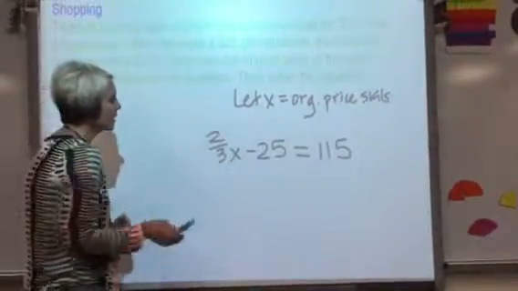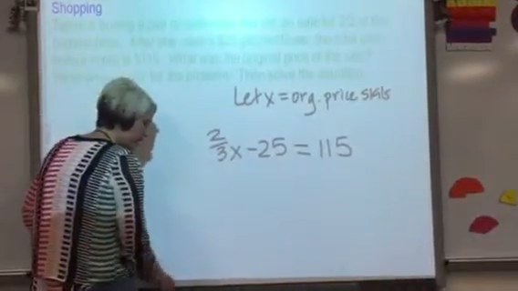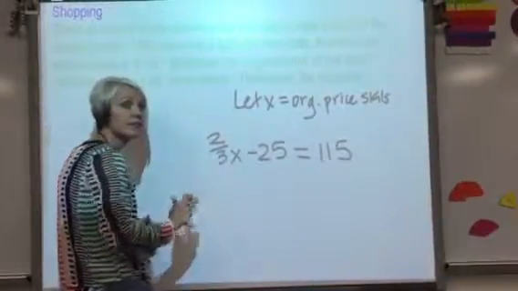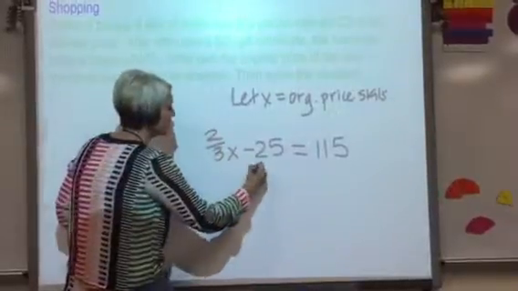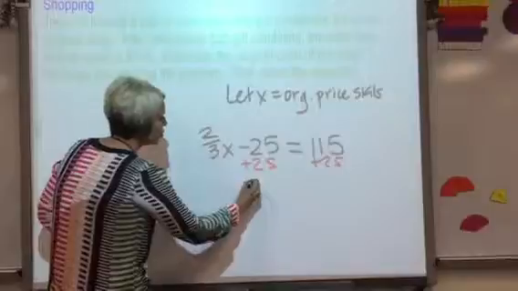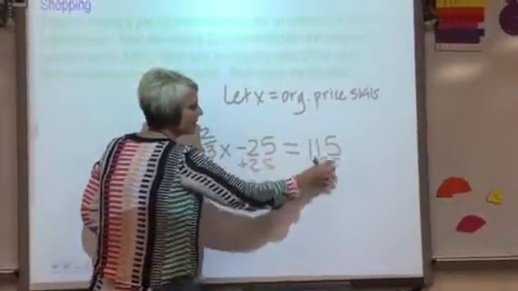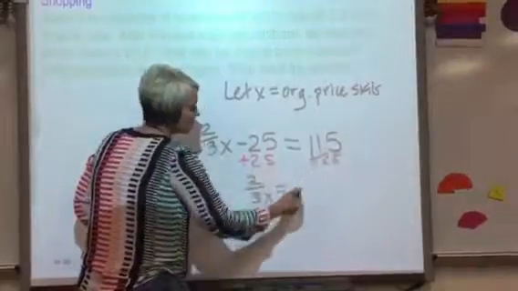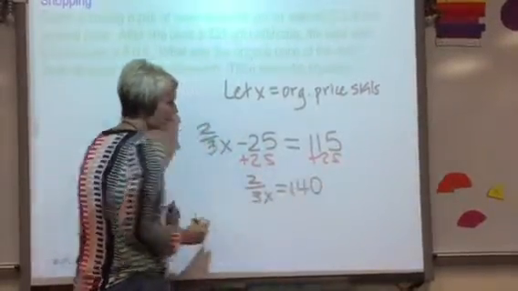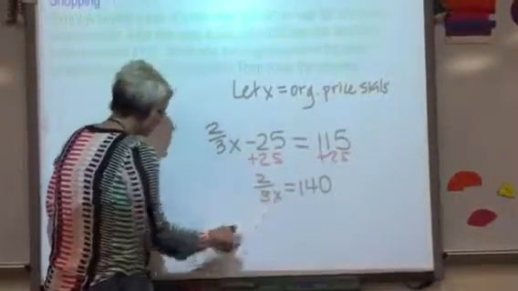To balance this equation, we would start by looking at what's being done to x, and that's subtracting 25. So do the inverse or opposite of subtracting 25. We add 25, and we get 2/3 x equals 115 plus 25, so that would be 140. Now, we have this fraction times x.